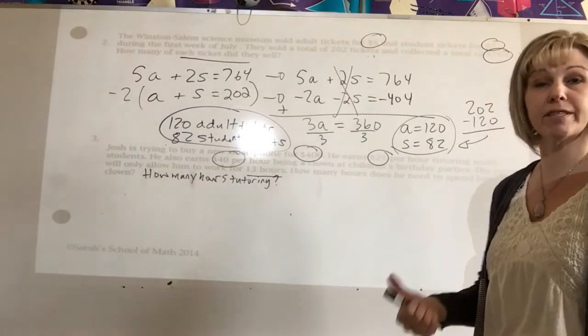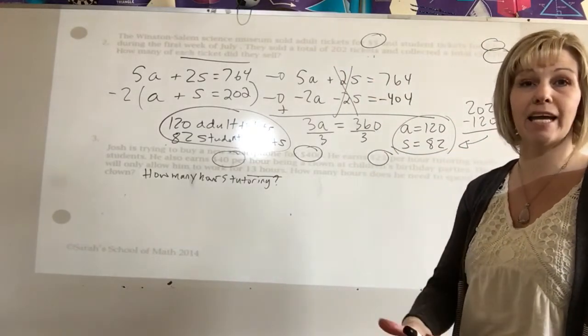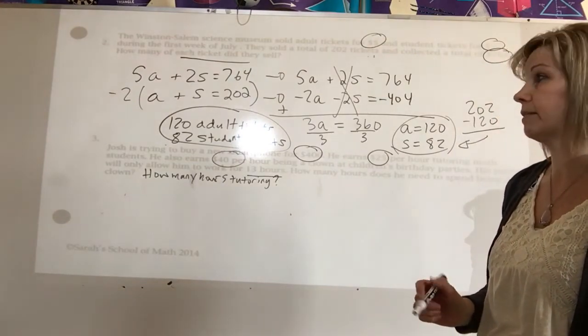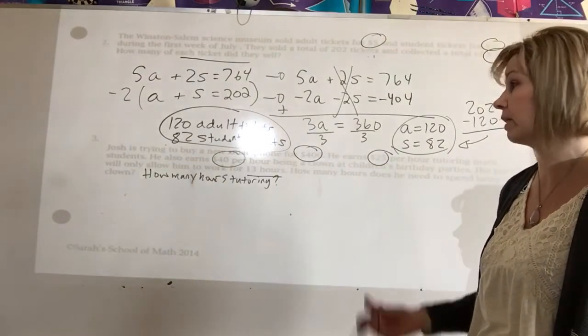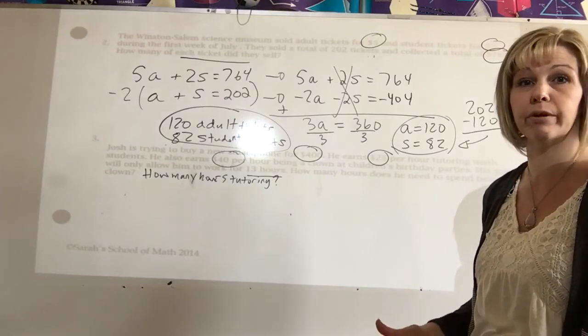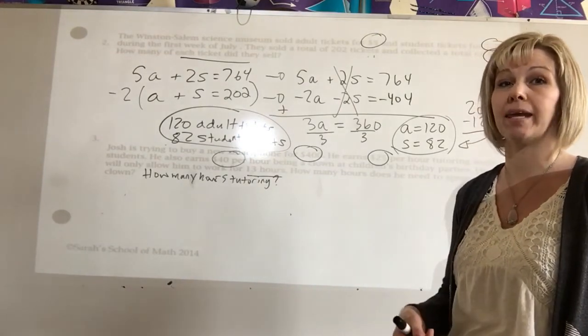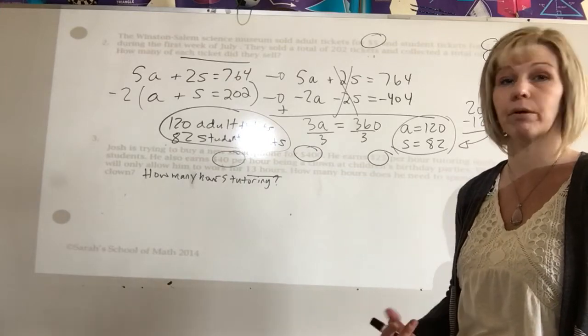Okay, so first thing, go back to our steps, identify your variables. So let's use C for being a clown, and T for tutoring. And again, it's not the cost of something, it's how many. How many what? Think about hours.